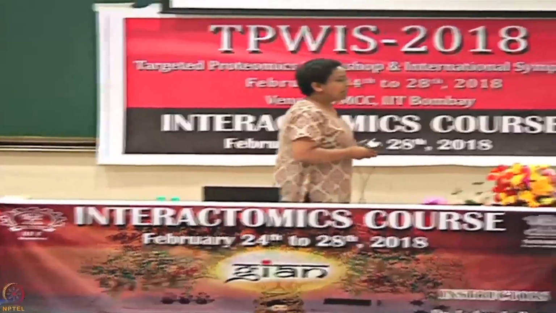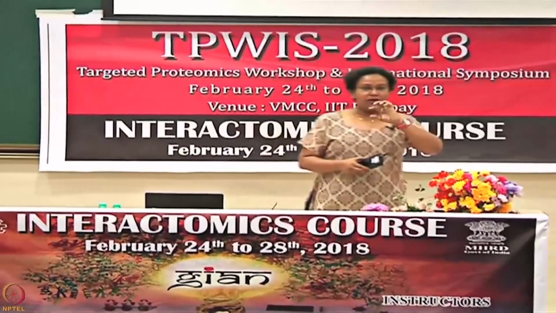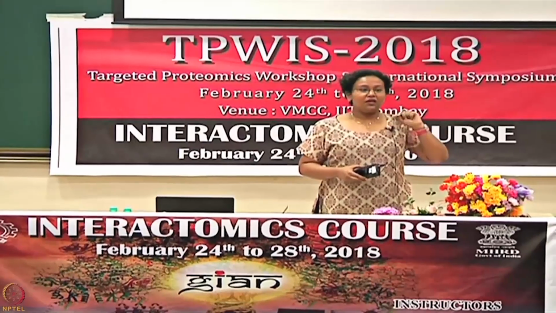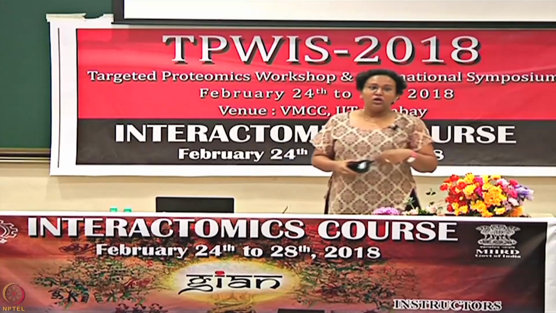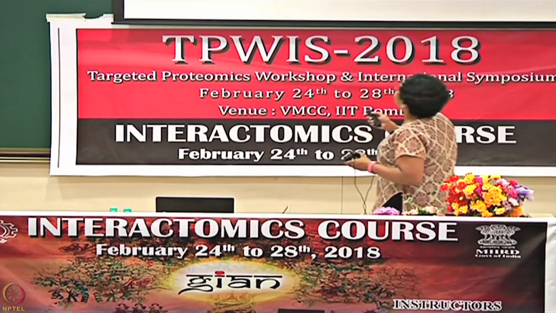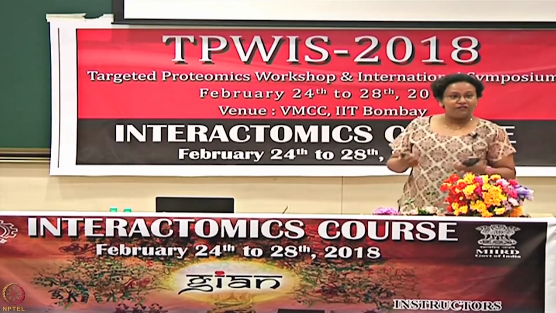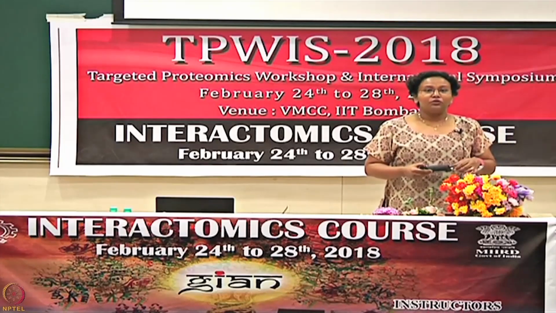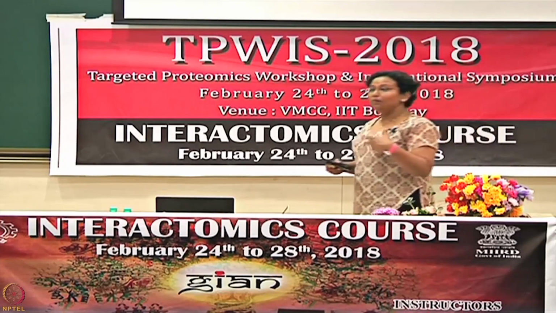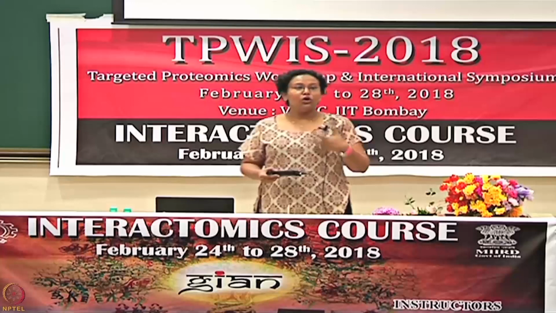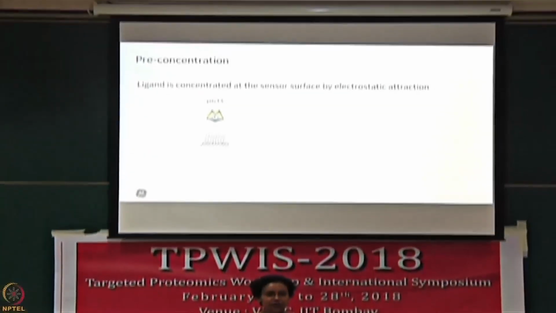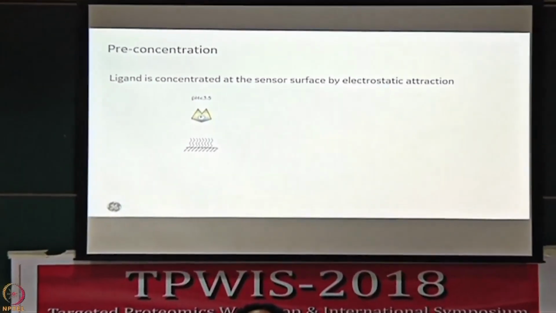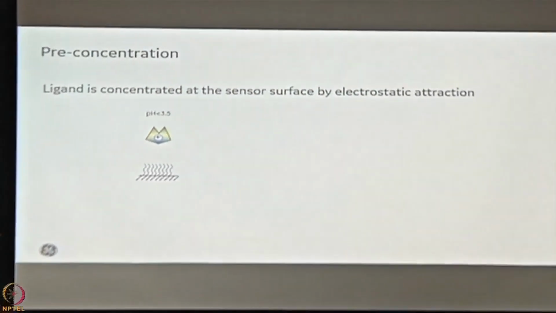Now, the pKa of the surface, the chip, is actually close to 3.5. Okay, so I am talking about a scenario where I would like to immobilize my ligand and I would like to put my ligand or protein in a certain buffer where it has a particular charge, positive or negative.